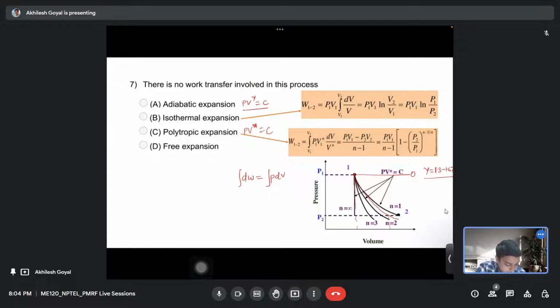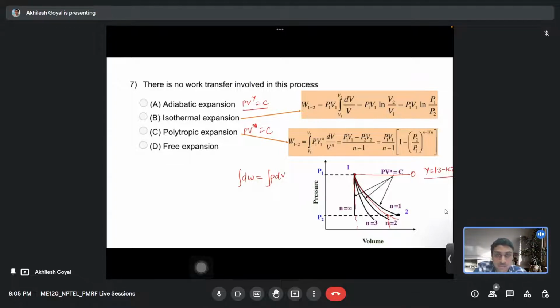For adiabatic or polytropic expansion, n can be gamma or any other value, like 1, 2, 3. For both polytropic and adiabatic expansion, there is always some area under the curve. So for both processes the work done is not zero. It is a non-zero value.